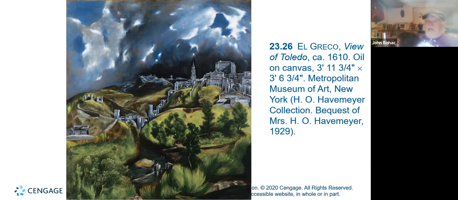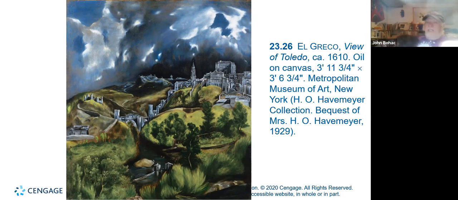And he made his way through Italy and saw what the Italians had been doing. And he came to Spain and made his career as the court painter for the Spanish king. And so he brought a lot of this Mannerist sensibility with him.